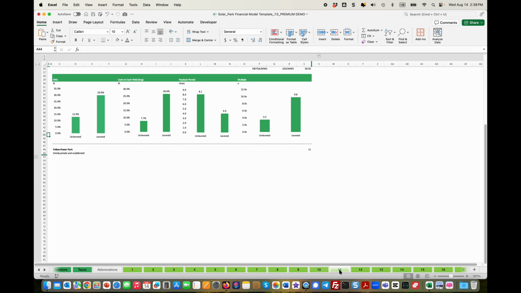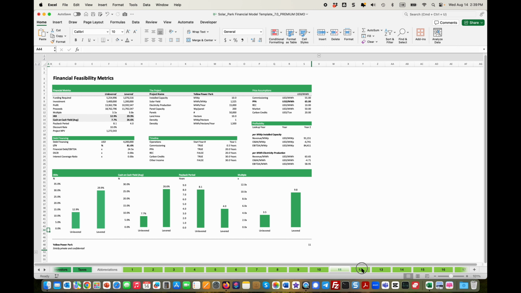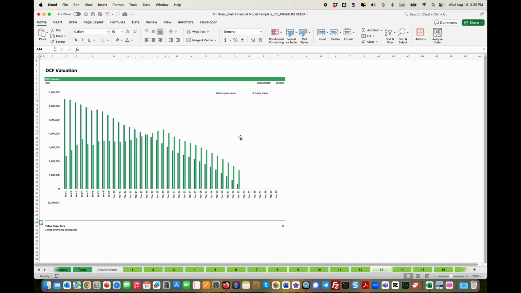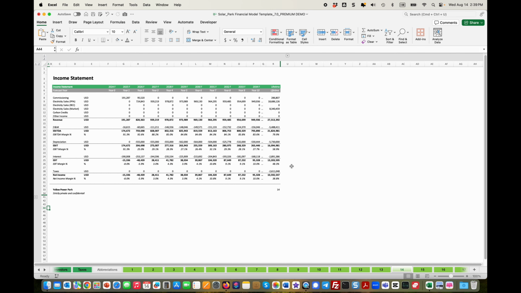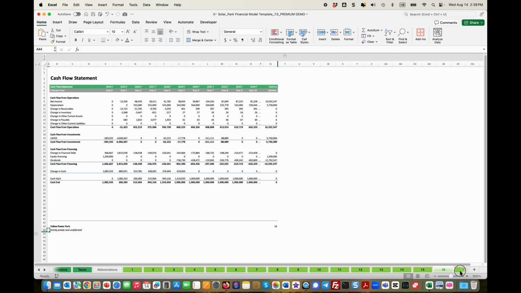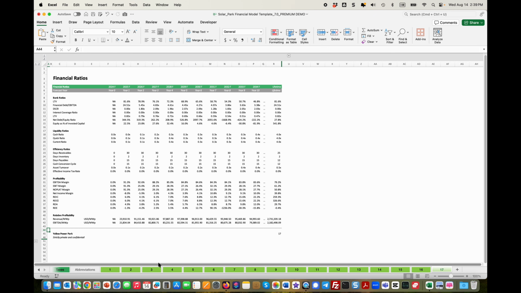Free cash flow forecast, the KPIs, financial feasibility metrics with a debt schedule. This could be presented to a bank. The DCF valuation, the most likely DCF valuation going forward of the project, income statement, balance sheet, cash flow statement, and projected financial ratios.